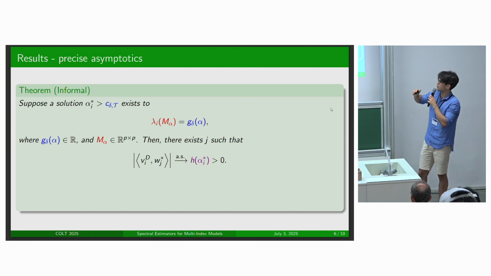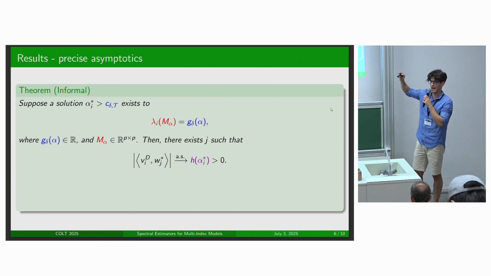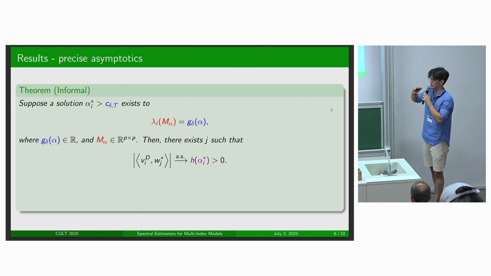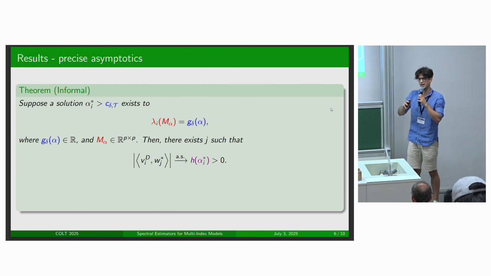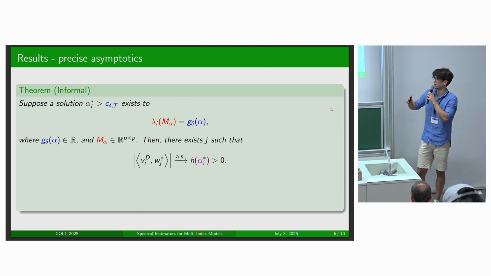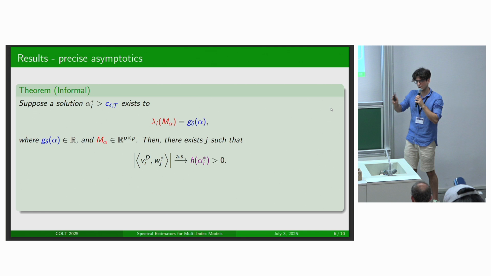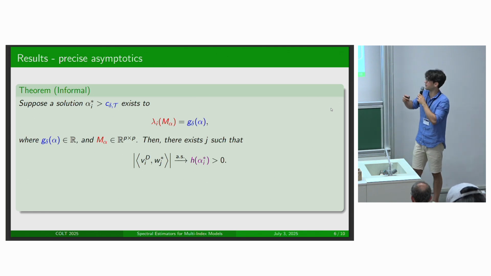I just want to focus on the equation connecting the matrix M and the function G. You can just think of them as certain functions that take a parameter alpha and spit out: matrix M spits out a P by P matrix, and the function G just spits out a number. We know what they are, but it's not necessarily important to get into the details of how they behave.